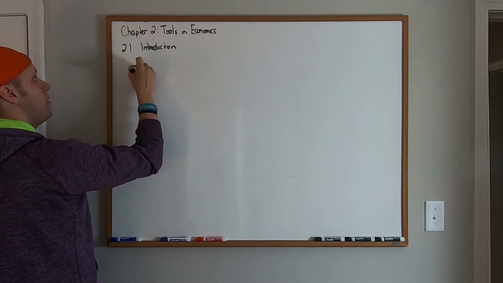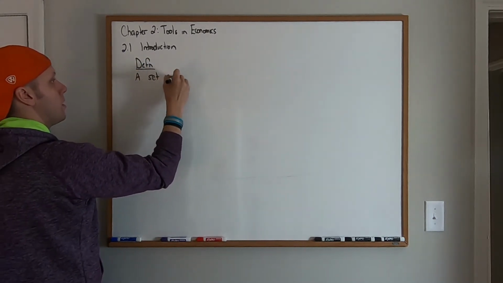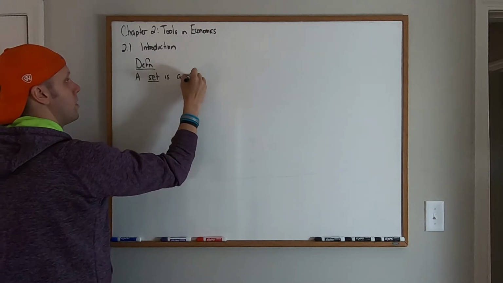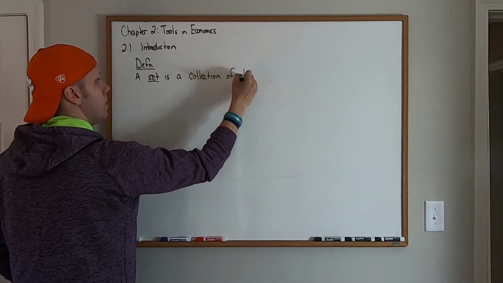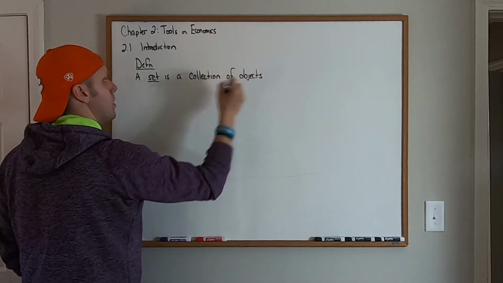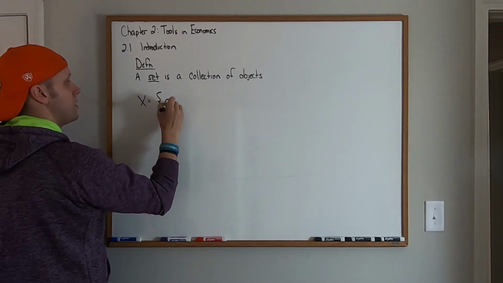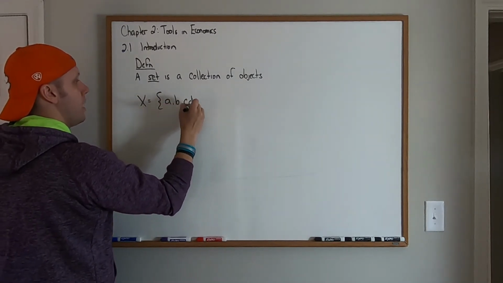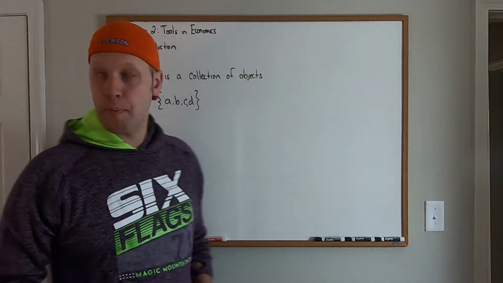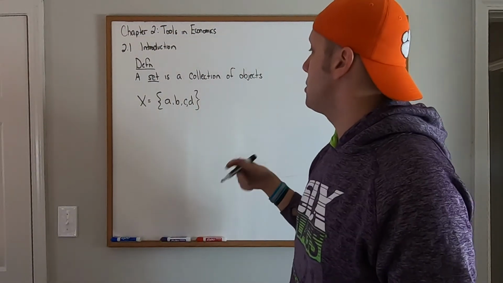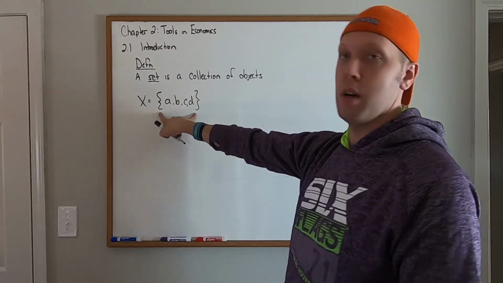We're going to cover a few definitions here. The first one is a set. A set is a collection of objects. It's typically denoted with a capital letter. And if we are going to explicitly define the set by showing all the elements within the set, we will be using curly brackets.